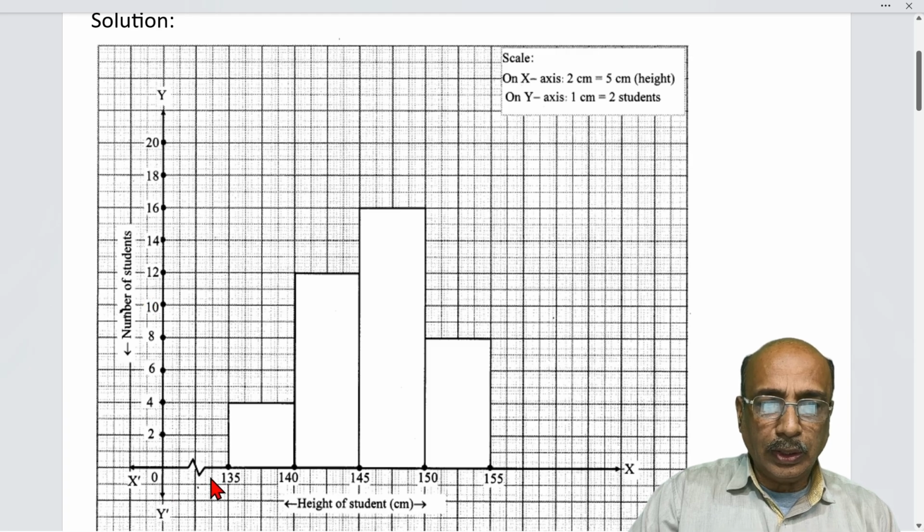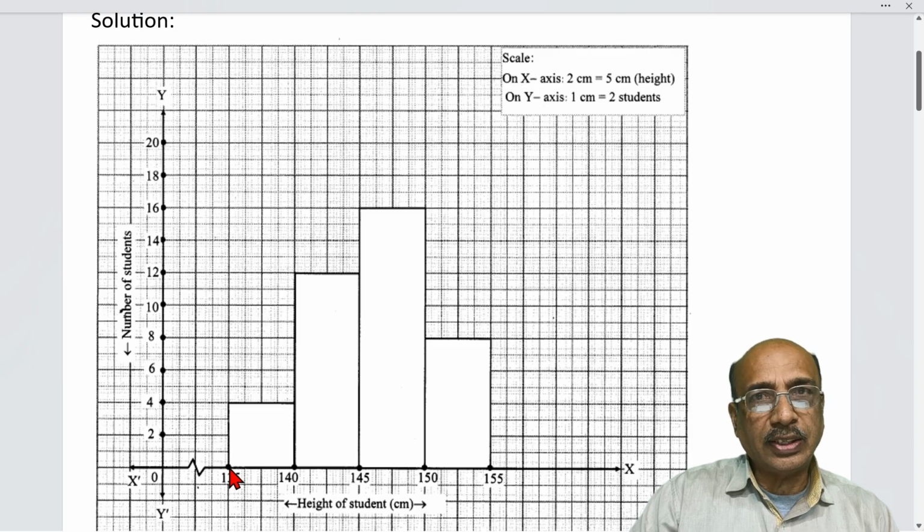Now here you see one mark. This is known as a crick mark. As you know, in an Excel sheet, the columns we don't want, we hide them.